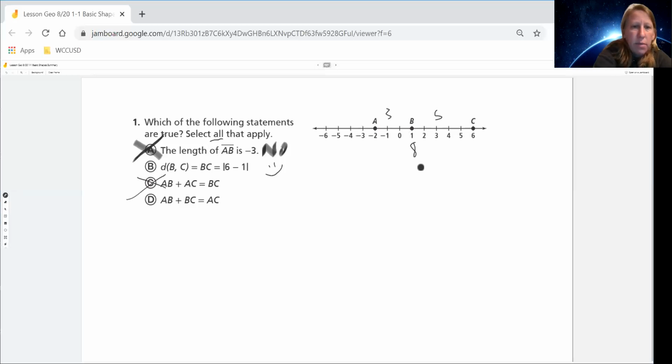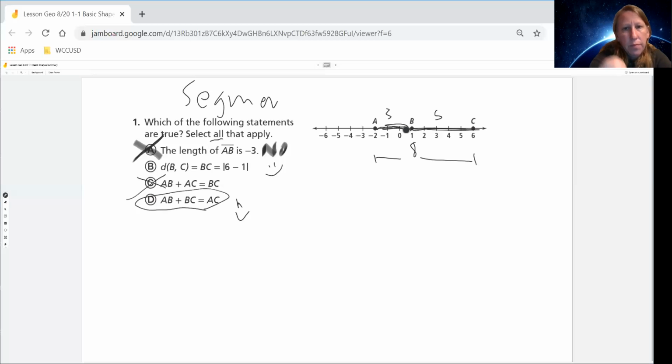This is called the segment addition postulate. This is true. If you have some collinear points like A, B, and C, it's always going to be true that if you add this piece, this segment with the one next to it, you're going to get the total. Okay, that's called the segment addition postulate. The two pieces add up together to the whole segment.